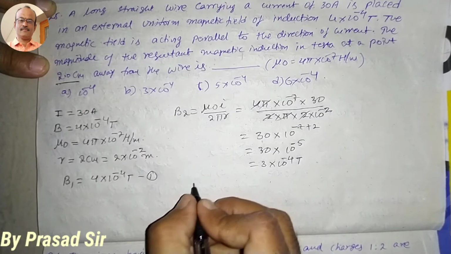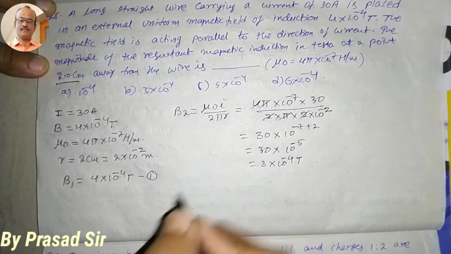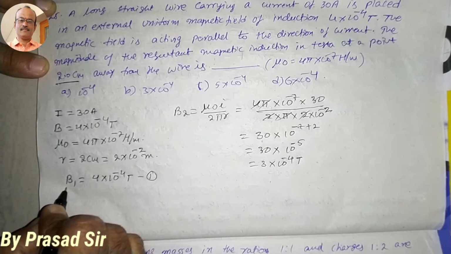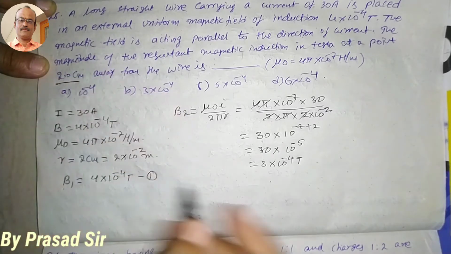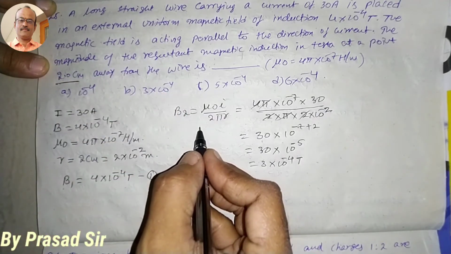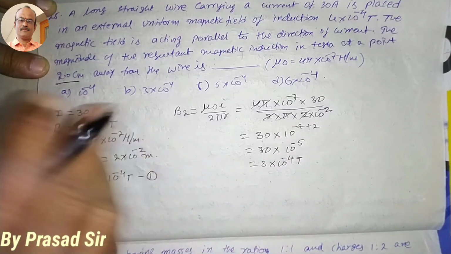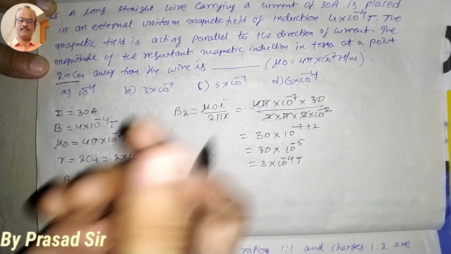But here I want to calculate the net magnetic field. So this magnetic field is parallel to the current, but this magnetic field is present at 2 centimeters, that is perpendicular. So that means there will be some resultant.